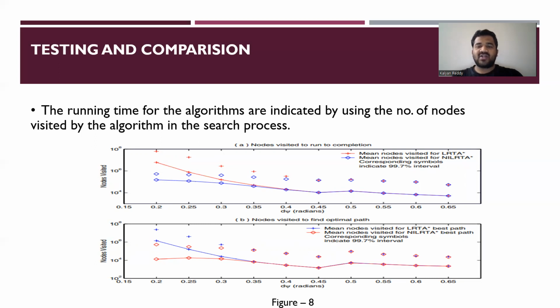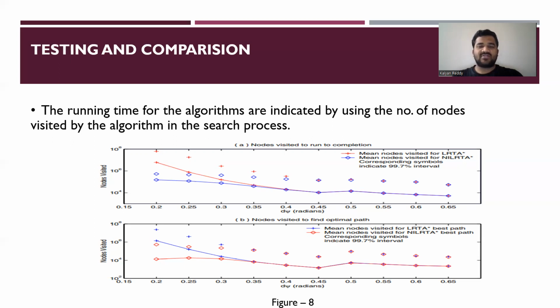The average total running times for both algorithms at the various step sizes are shown in the graph. The average running time for the LRT A-star algorithm is about 8 lakh nodes and about 1,50,000 nodes for the NILRT A-star algorithm.